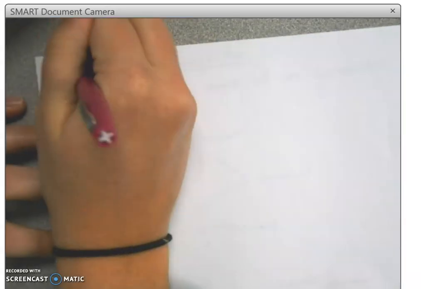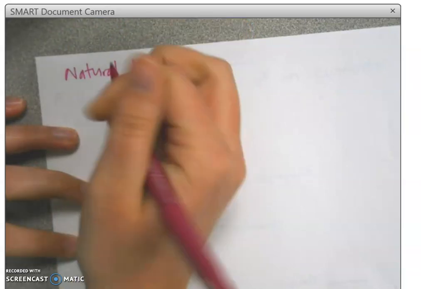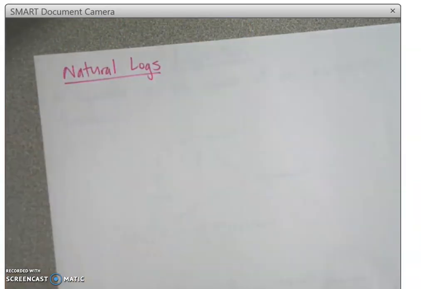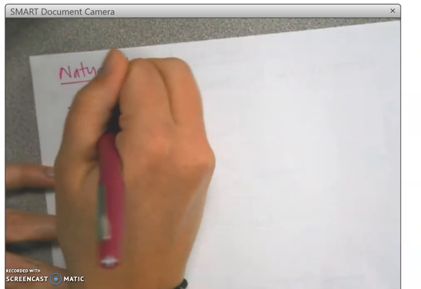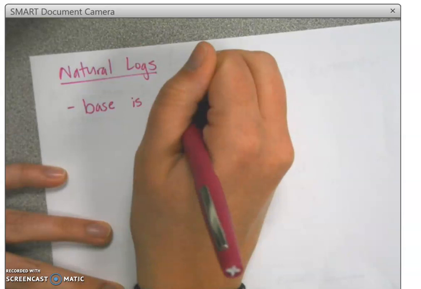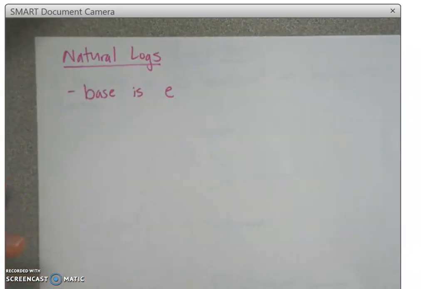I also want to talk about natural logs. We use these when the base is e. We talked about e when we did growth and decay. Remember, e is a number with a value. It's that 2.71 number.